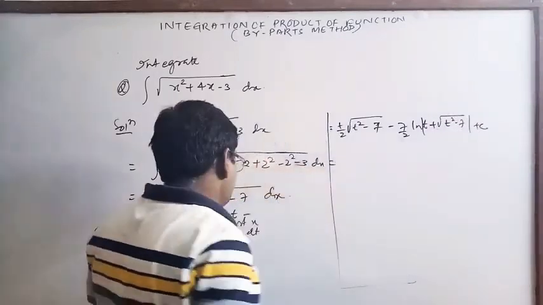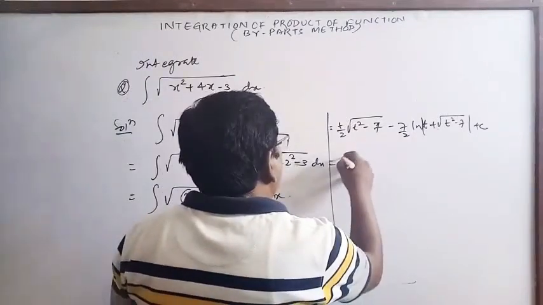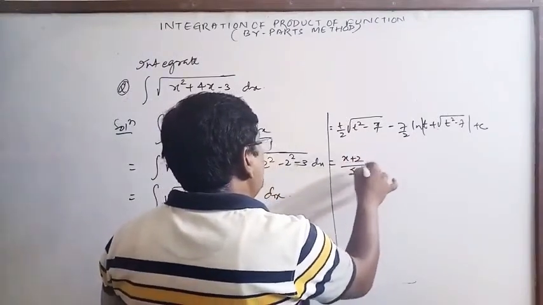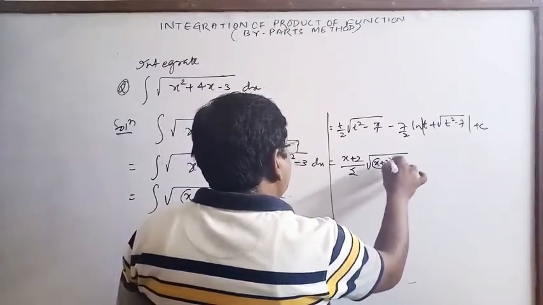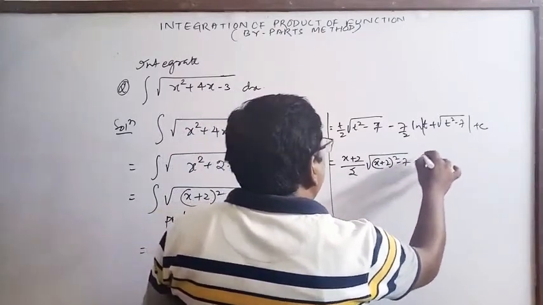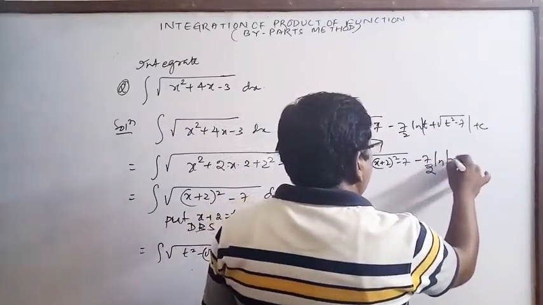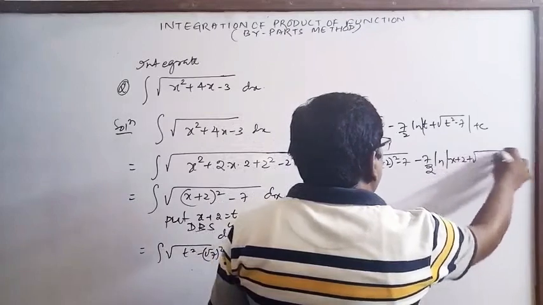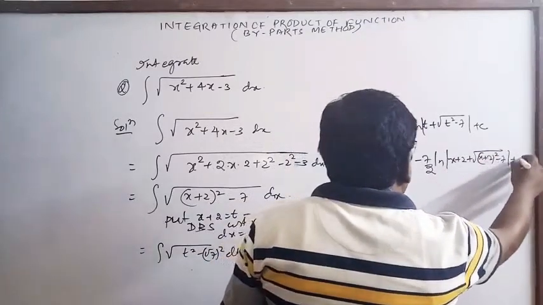What is t here? t is equal to x plus 2. So x plus 2 by 2 root over x plus 2 whole square minus 7, minus 7 by 2 log of x plus 2 plus root over x plus 2 whole square minus 7, plus c.